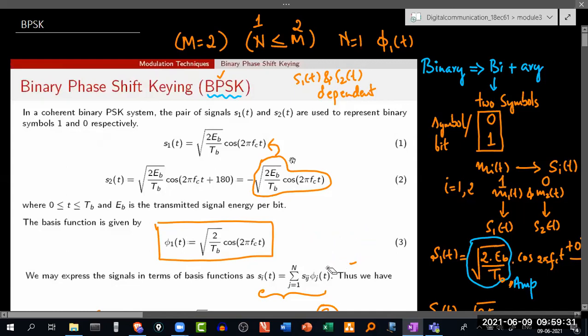Remember, the number of basis functions is always equal to the dimensionality value, that is n. So because n value in this case is 1, we are having only one basis function. Remember this.